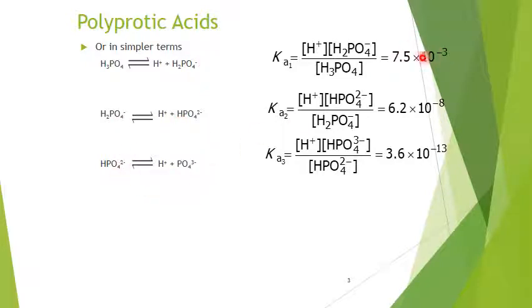In fact, this guy splits apart about 1,000,000 times better than this one, and compared to this one, on the order of 10 billion times more. Okay. And so what that's really going to tell us is that the majority of the H plus will come from the first ionization step. And then what we can kind of do is ignore the other ones.